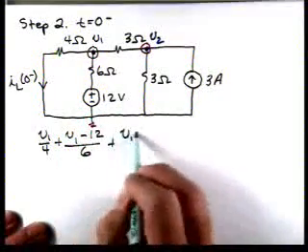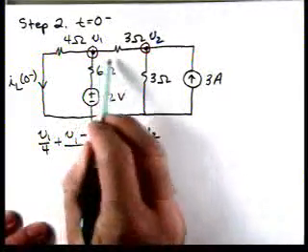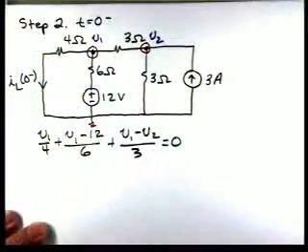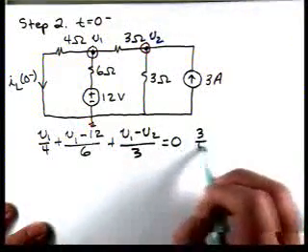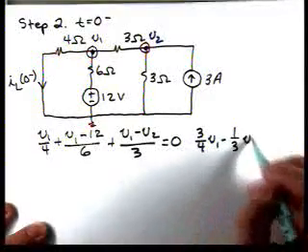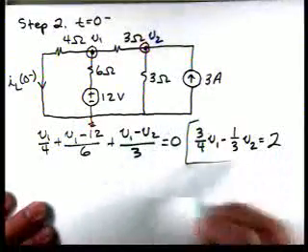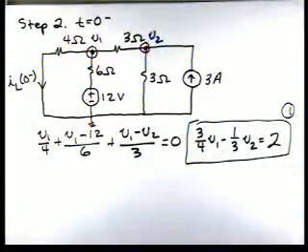And then V1 minus V2 over 3. That's the current flowing left to right. That's equal to 0. We can simplify this equation to 3/4 V1 minus 1/3 V2 equal to 2. So here's one of our 2 equations that we'll need.